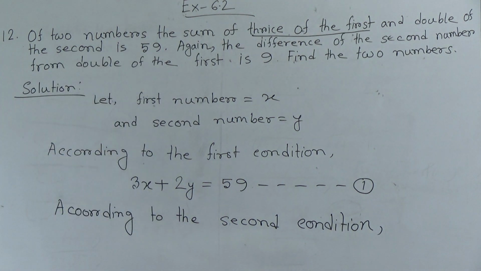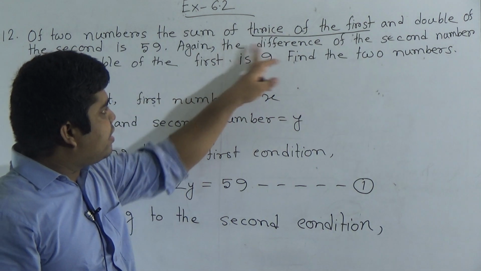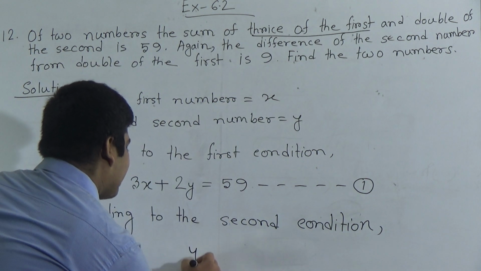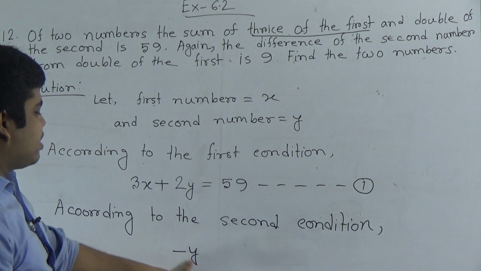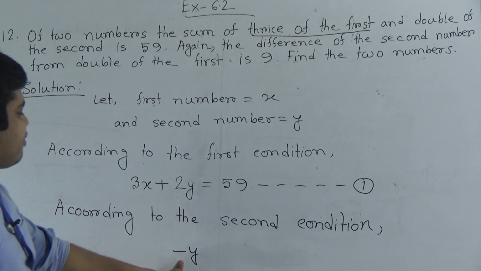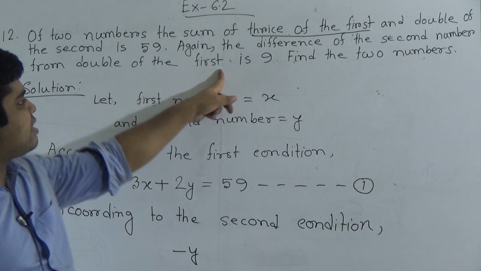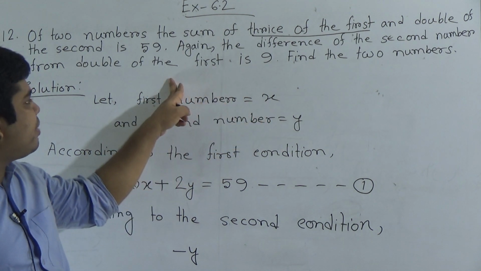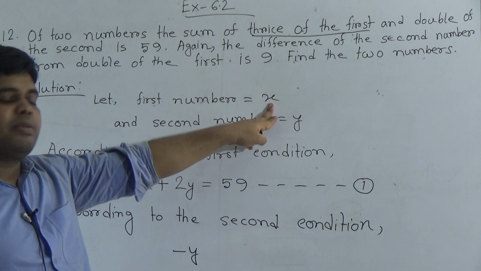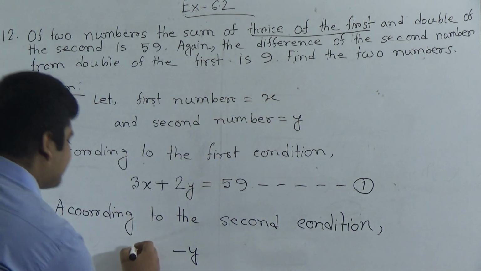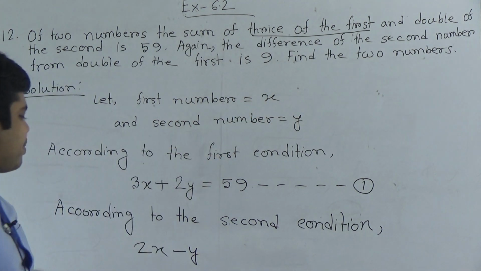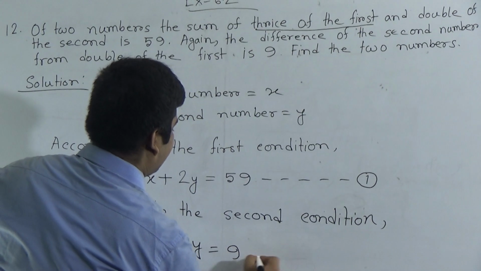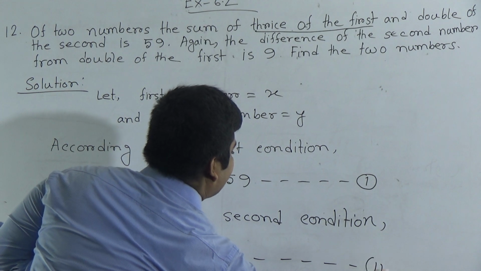Notice, the difference of the second number, that means second number y, subtracted from double of the first number. What do you mean by first number? First number is x. Double means x is multiplied with 2. That means twice x. So, we subtract y from twice x and we get 9. So, this is equation number 2.